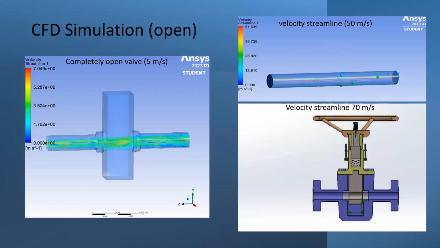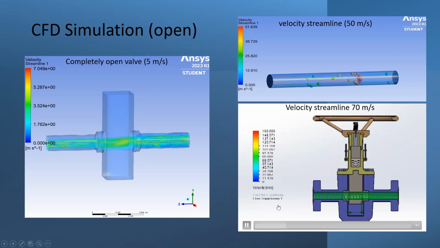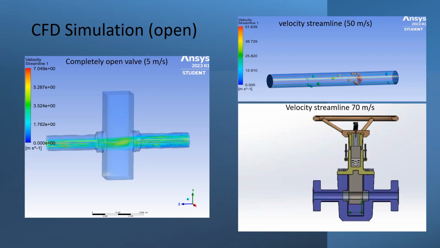The scale goes from 0 velocity to the maximum velocity, which is 51.6399 meters per second. And this is the other video when the gate is fully open, showing step by step the pathway of the fluid at 70 meters per second.